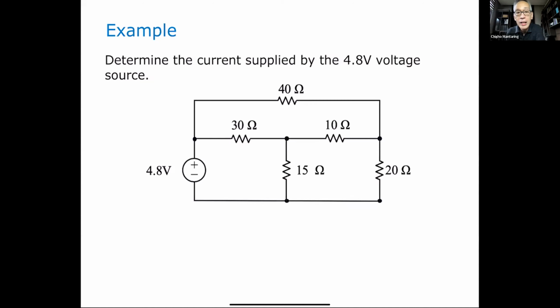Can anyone tell me if there are any two resistors in series? Who should I ask? Ryan, can you tell me two resistors that are in series? Ryan?